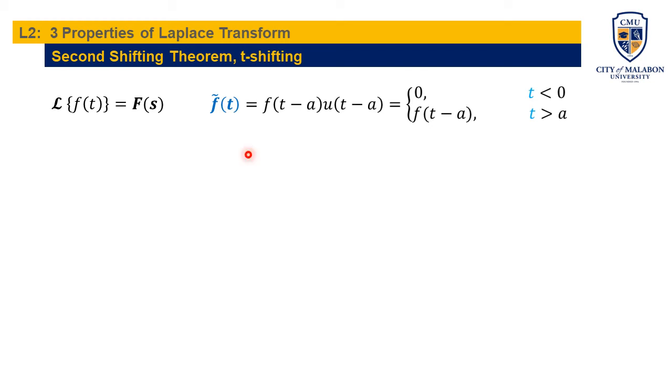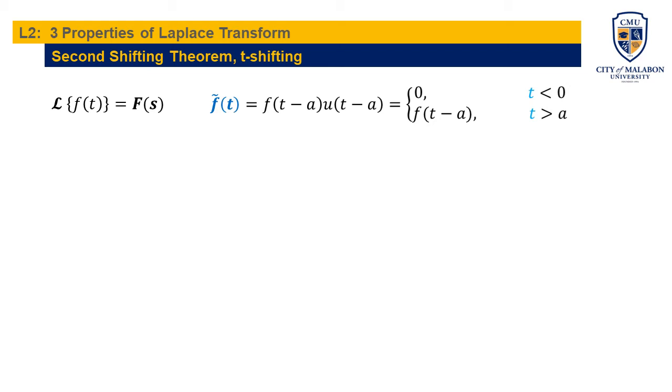So, yung ating f of s is, yung kanyang t is na shift, yung kanyang time parang to the left and to the right by a constant a in this particular form, f of t minus a times the step function t minus a, is equal to 0 pag yung t natin is less than a, and the function, shifted function, pag yung t natin is greater than a.